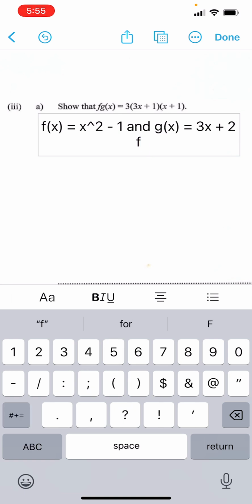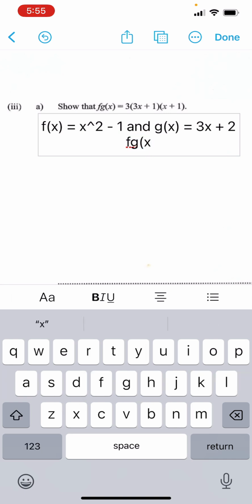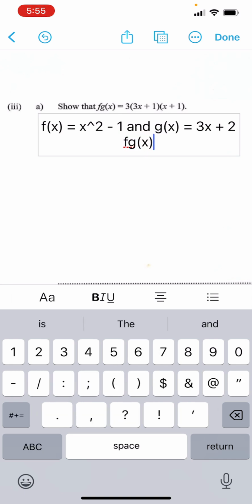So what this is essentially saying is to replace the x in f of x with the function g of x. Instead of replacing x in the function with a value, we're replacing x in a function with another function, right? This is called composite functions.